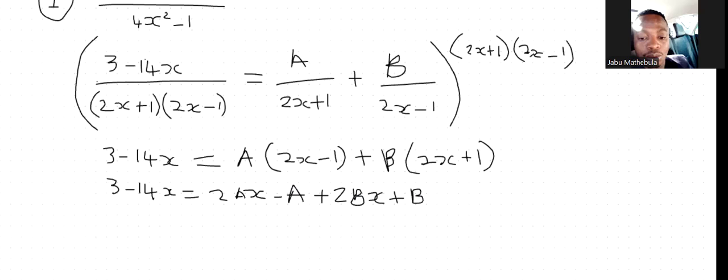Now, let's group the like terms. So we have 3 minus 14x and it equals, okay. So the one with the x's, I want to group them together. This 2ax and the 2bx.